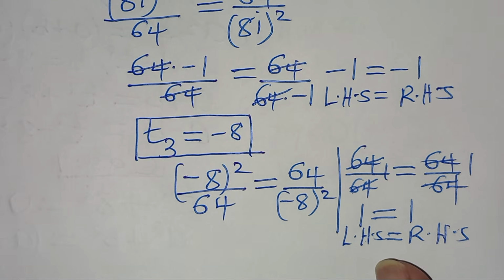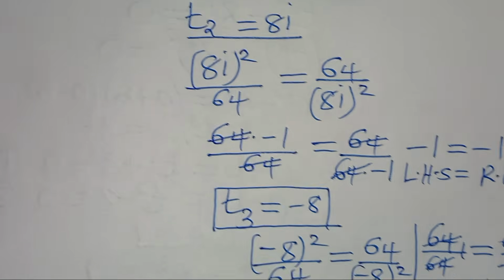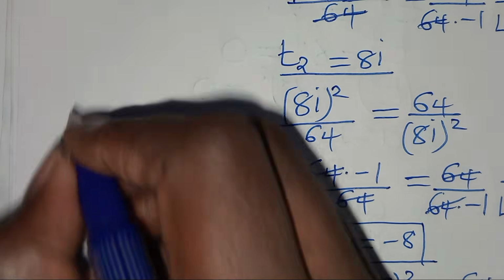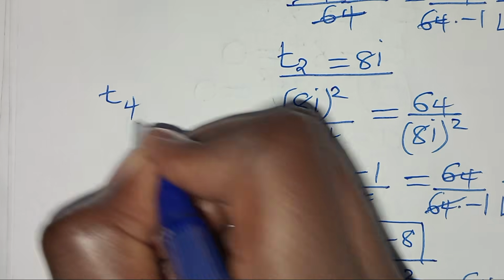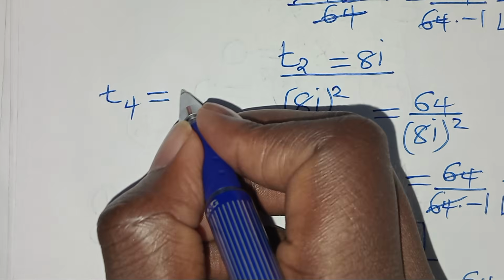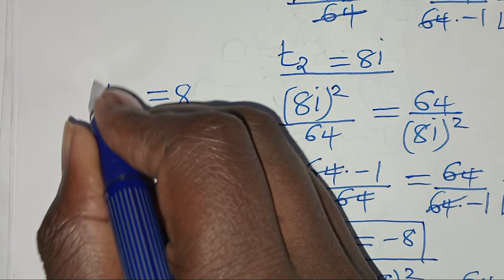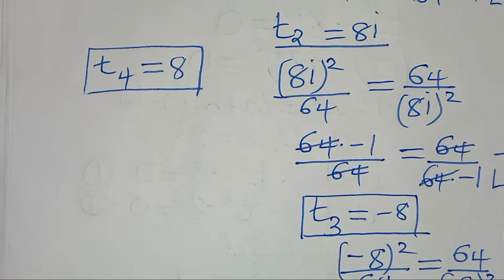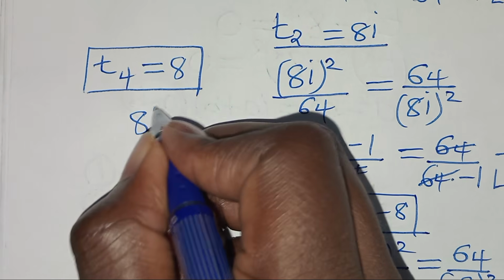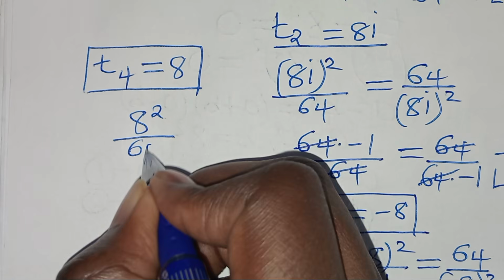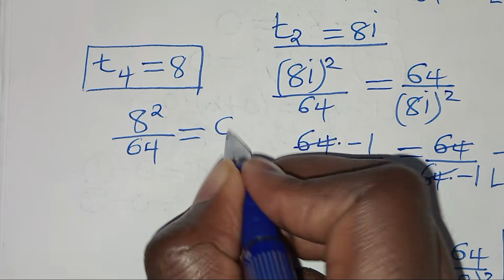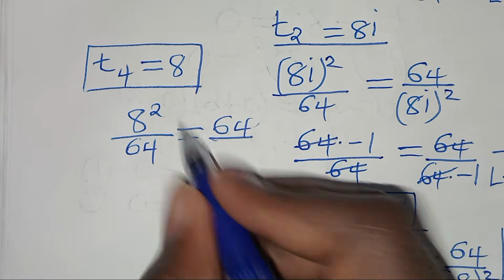Now let's verify t4 from here. t4 is equal to 8. Let's substitute this into the equation so that we have 8 squared divided by 64, which is equal to 64 over 8 squared.